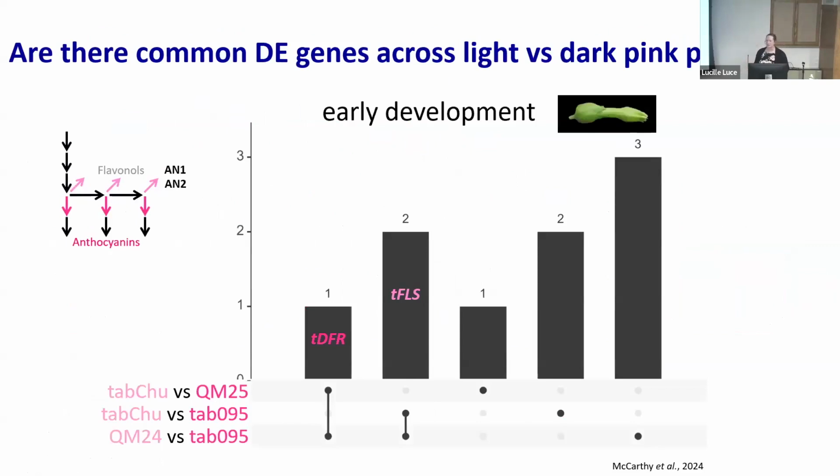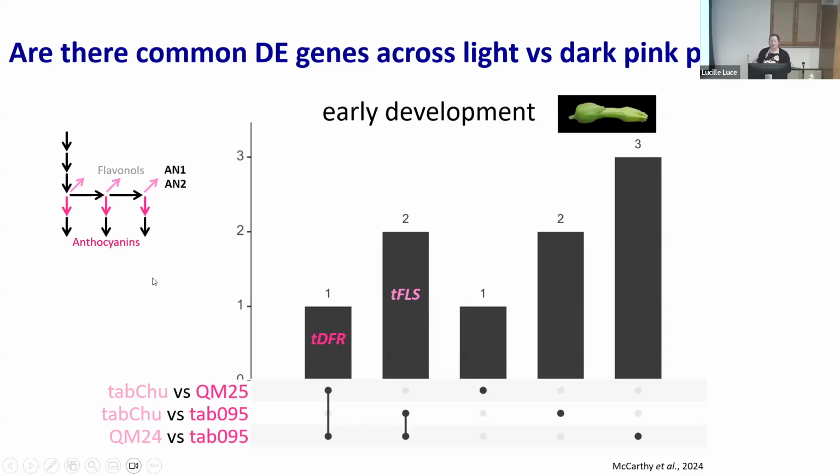We took these different comparisons where we had light pink and dark pink polyploids compared to each other, and we saw whether there were any commonly differentially expressed genes to those comparisons. And so we found a few. At least 2 comparisons had an upregulation of DFR, which is again this one that is the first gene towards making anthocyanins.